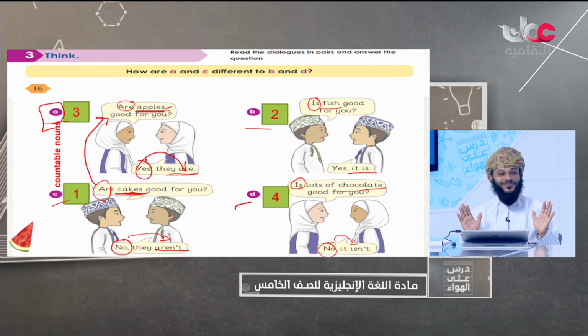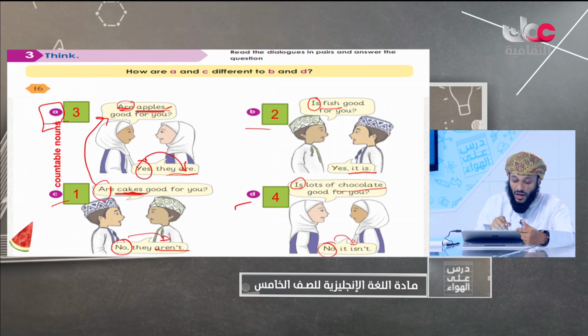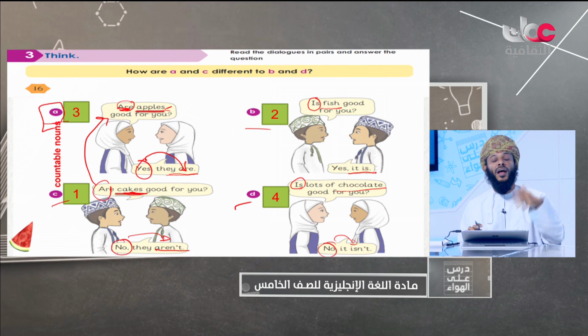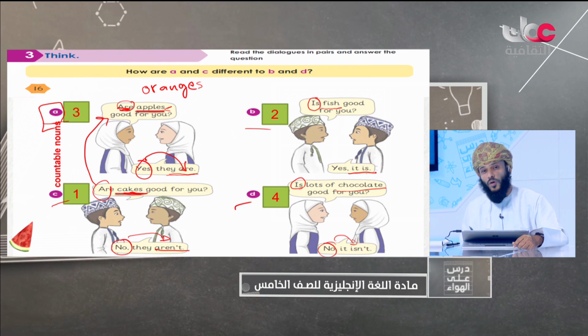Is that clear? If we want to ask about countable nouns, we have to use the word are. Are apples good for you? Are oranges good for you? 1 orange, 5 oranges.